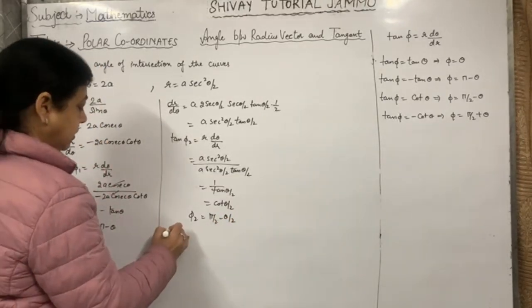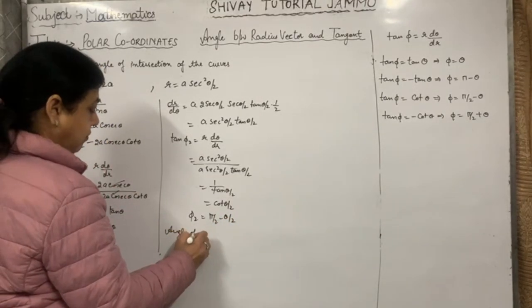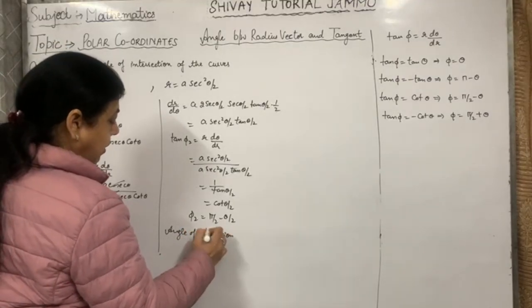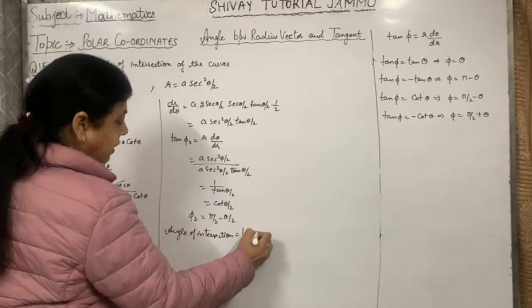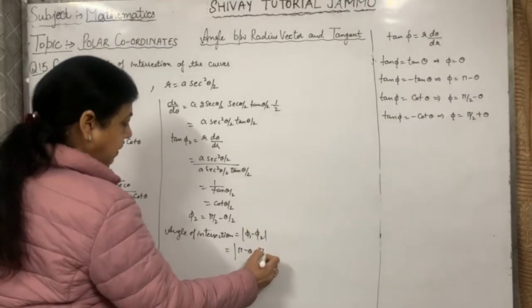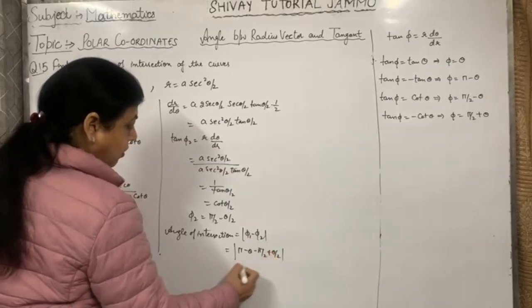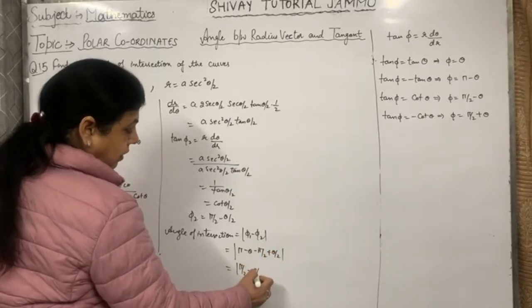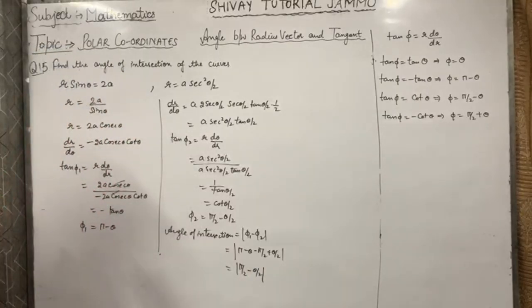Angle of intersection will be φ1 minus φ2. That is π minus θ minus π/2 plus θ/2. This is π/2 minus θ/2. This is the point of angle of intersection.